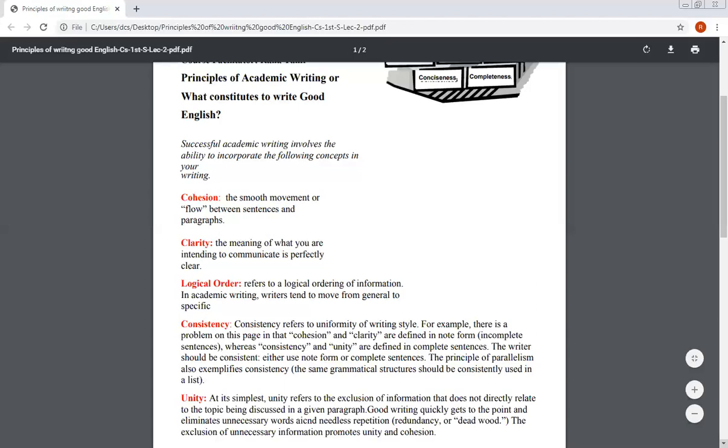Once you are very clear, there is another terminology which is used: logical order. See, if things are haphazard, it doesn't impress other people. The same goes with compositions. If there is no proper arrangement of your ideas, what comes in the beginning must come in the beginning.